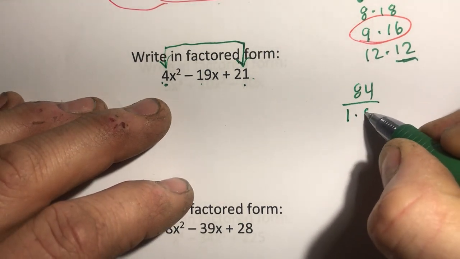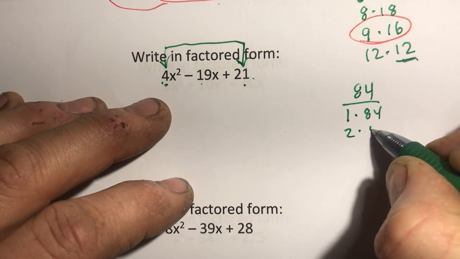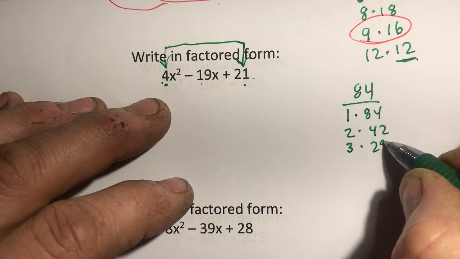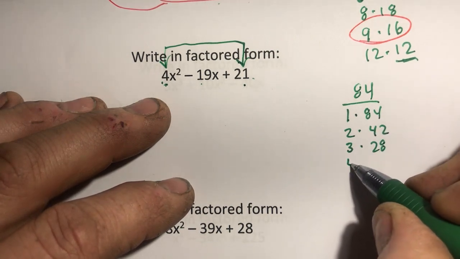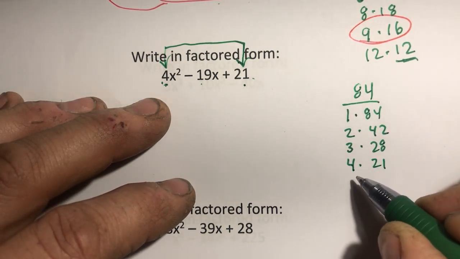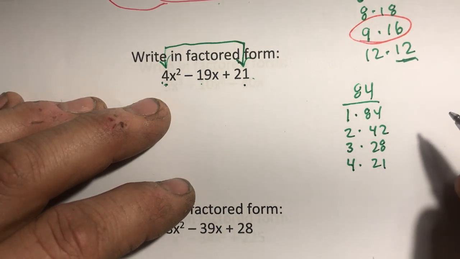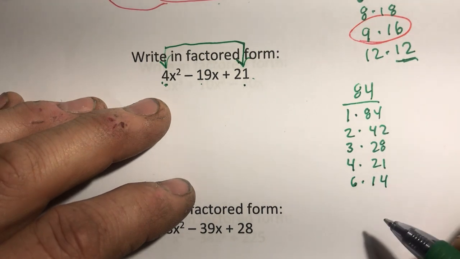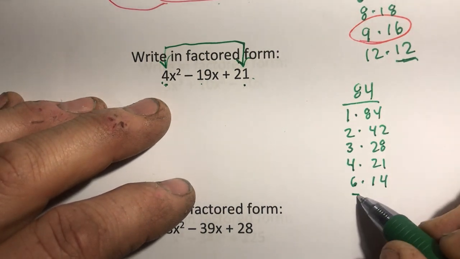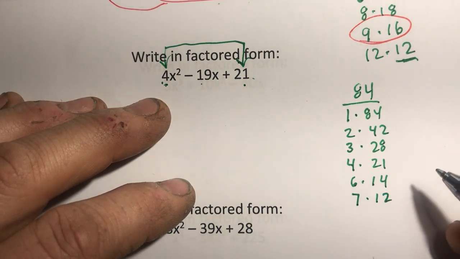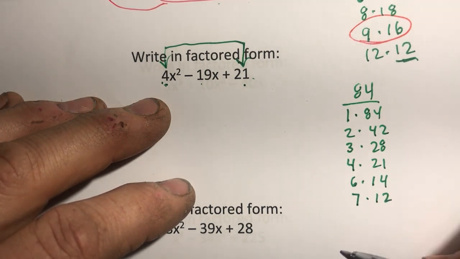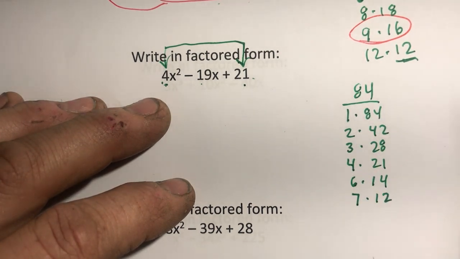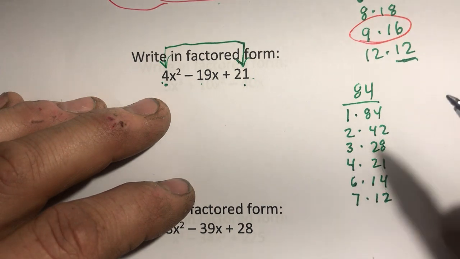So 84 divided by 1 is 84. 84 divided by 2 is 42. 84 divided by 3 is 28. 84 divided by 4 is 21. 84 divided by 5 is a decimal. 84 divided by 6 is 14. 84 divided by 7 is 12. 84 divided by 8 is a decimal, so skip it. 84 divided by 9 is a decimal, skip it. 84 divided by 10 is a decimal. 84 divided by 11 is a decimal.